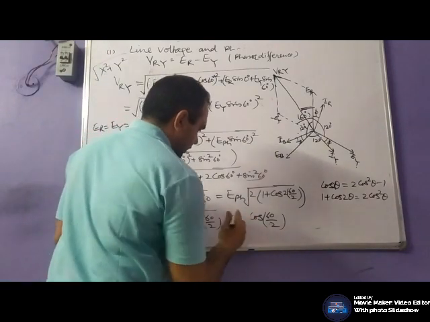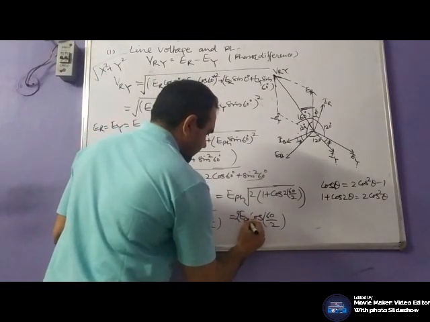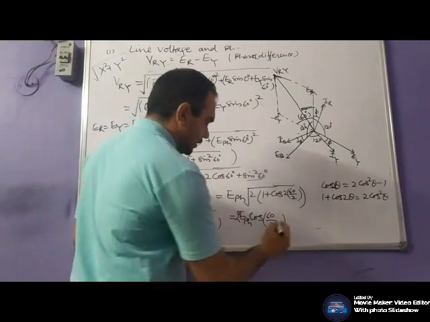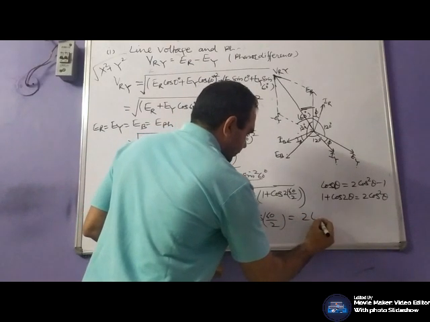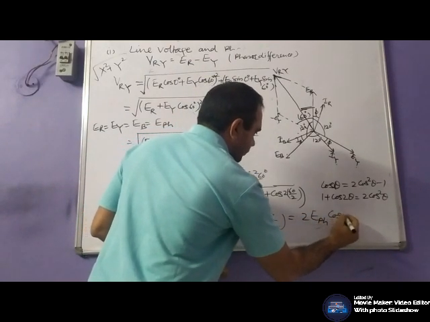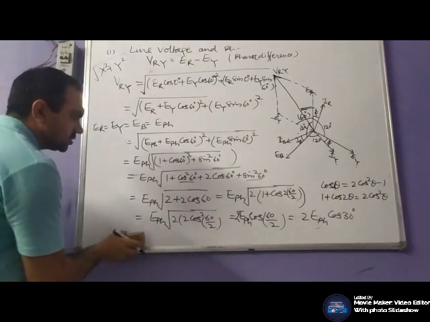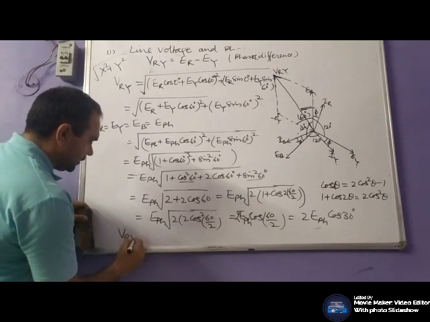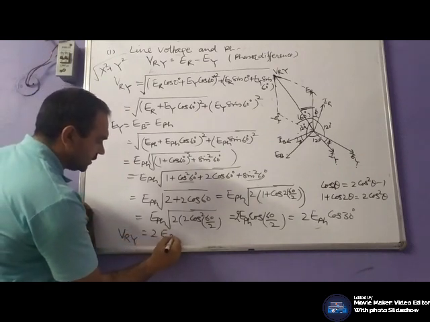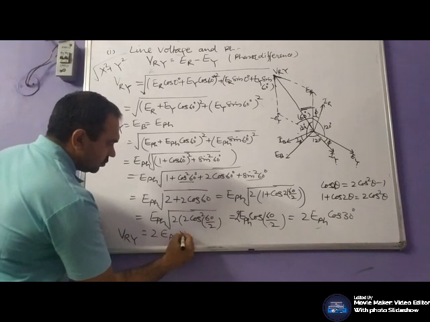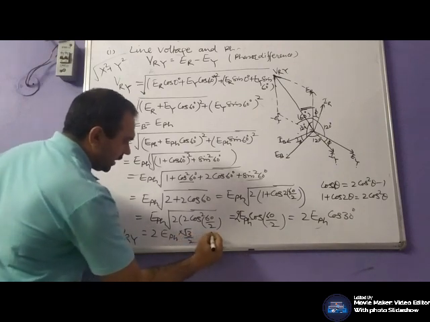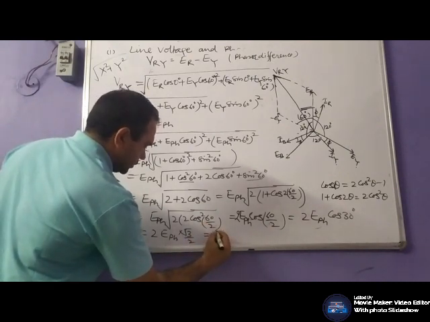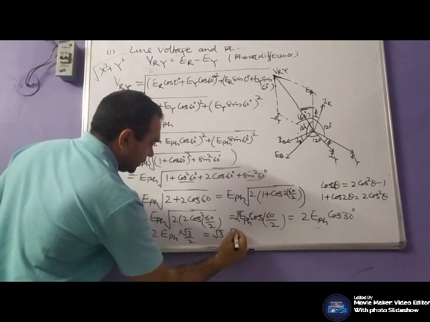Or this may be written as 2 E phase cos of 60 by 2, that is cos 30, and the value of cos 30 is root 3 by 2. So VRY will be 2 E phase times root 3 by 2. So VRY is equal to root 3 E phase.